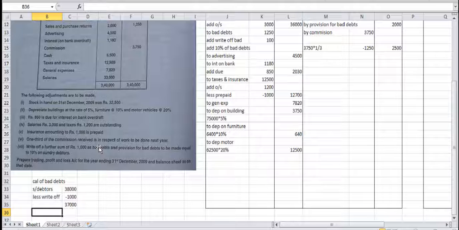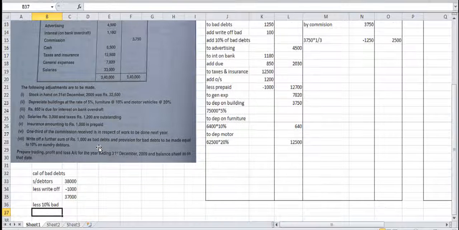From that we have to take 10%. On 37,000 into 10%, what will we get? 3,700.